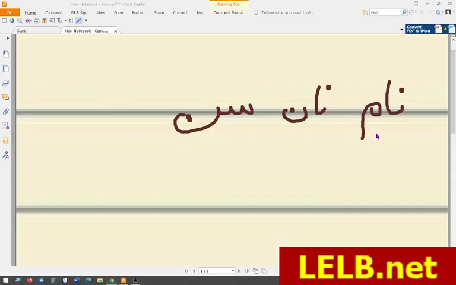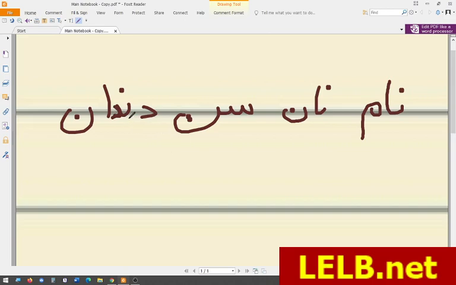Now let's focus on the detached ne in Persian alphabet. دندان. دندان means tooth. Let me write it. دال نون دال الف نون means tooth.